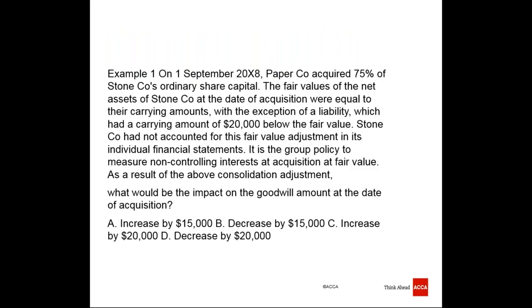Okay, one more last question for you guys before starting the consolidated income statement. After acquiring 75% of Stone's initial capital, the fair value of the net assets was equal to the carrying amount, with the exception of a liability which had a carrying amount of 20,000 below its fair value.